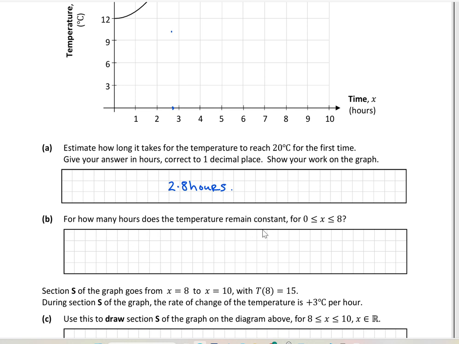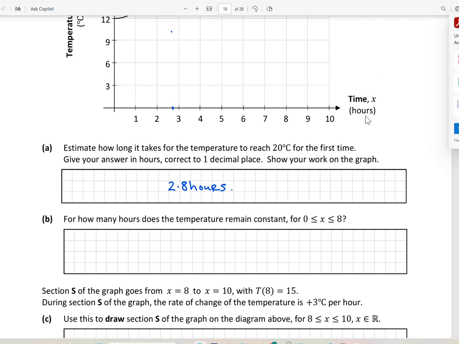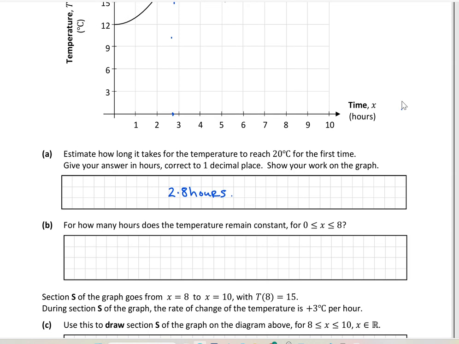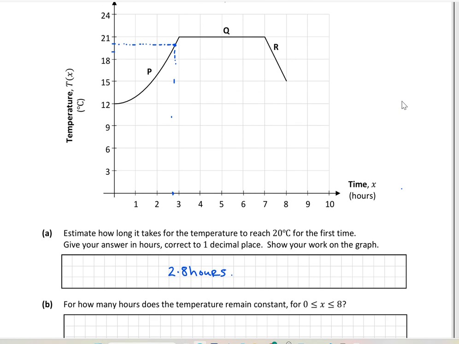For how many hours does the temperature remain constant between 0 and 8? Let's go back up and have a look at the graph. The only time it's constant is between here and over here, those two spots.